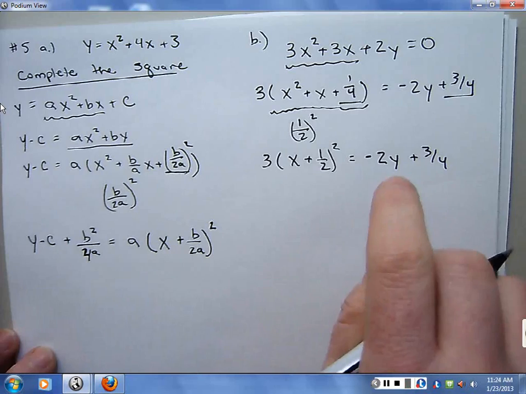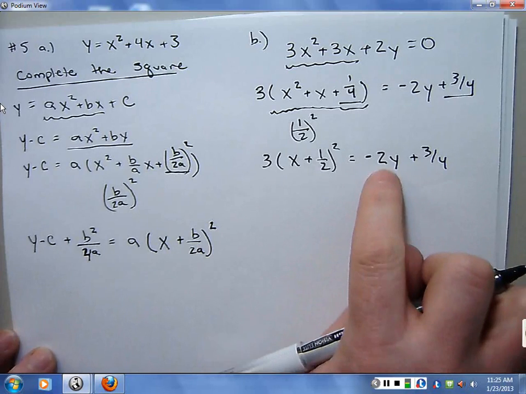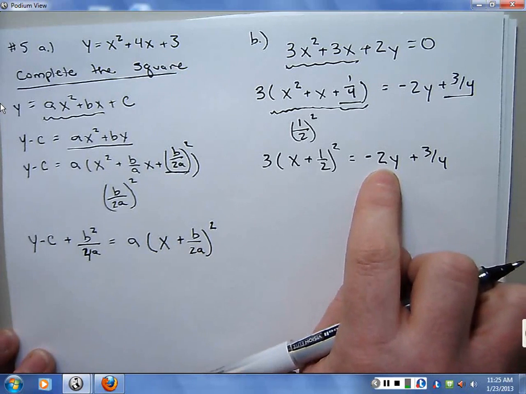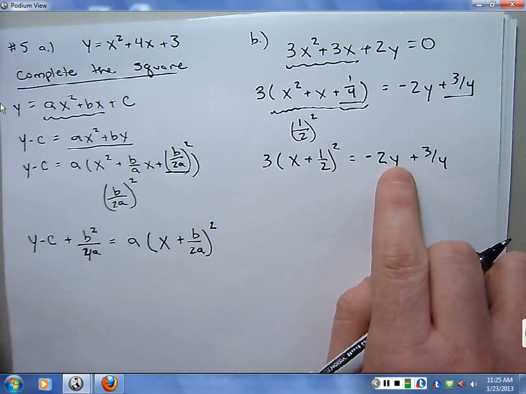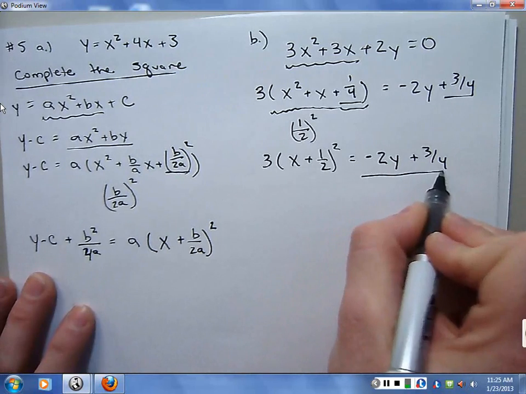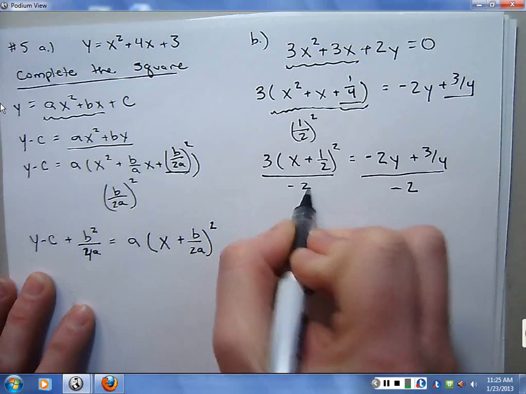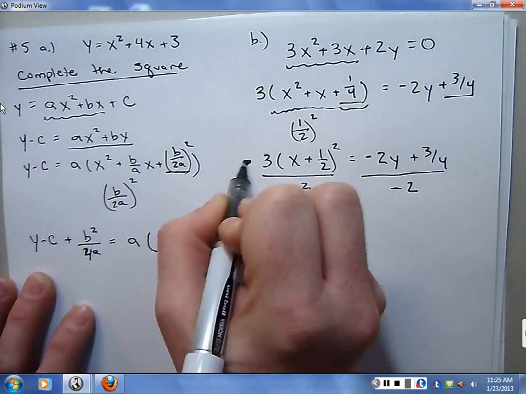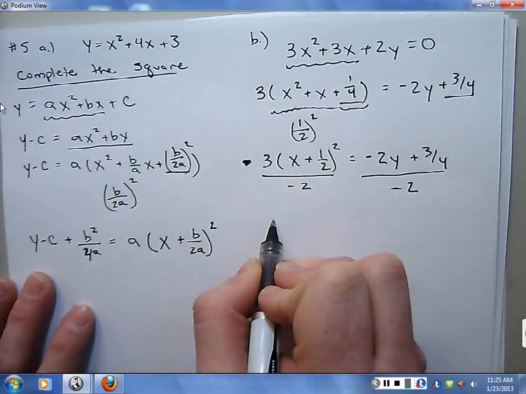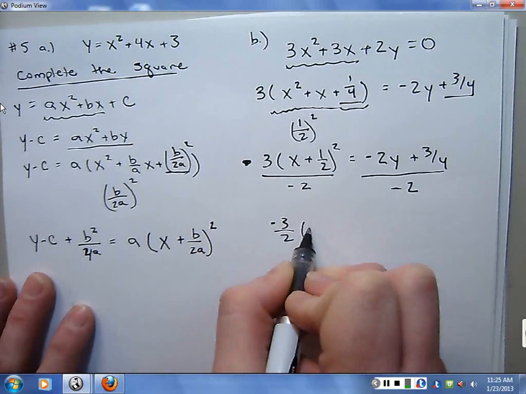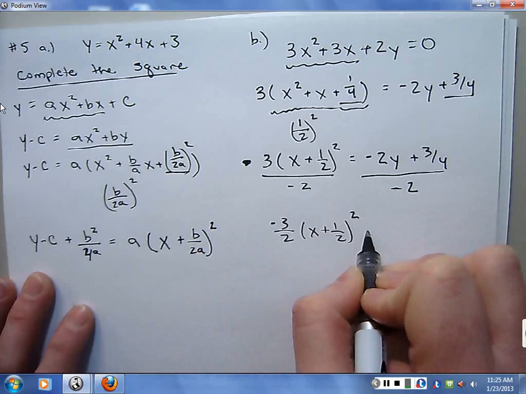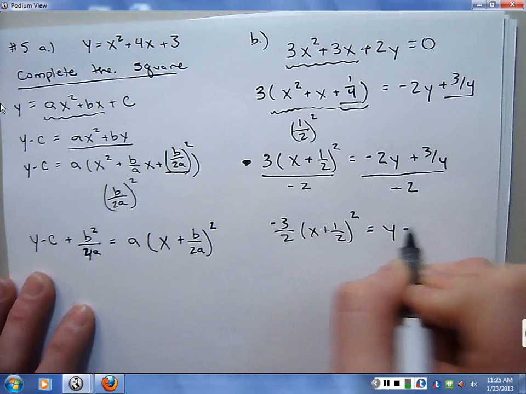So they could potentially want the coefficient on y to be 1. Dealing with that is pretty straightforward. Divide both sides by minus 2. So your answer here would be minus 3/2 times x plus 1/2 squared equals y minus 3/8.